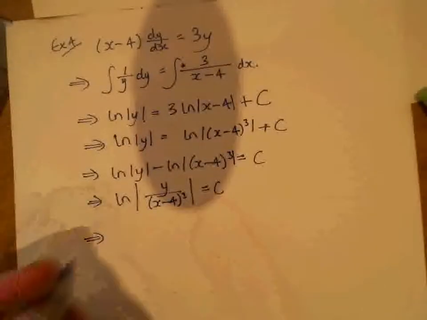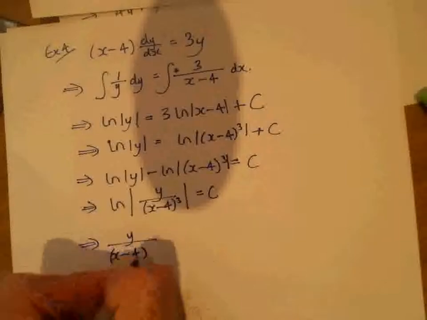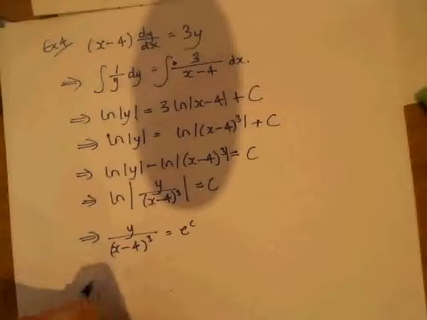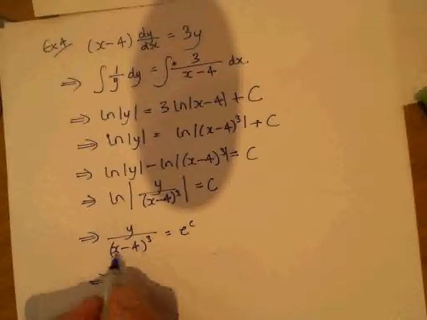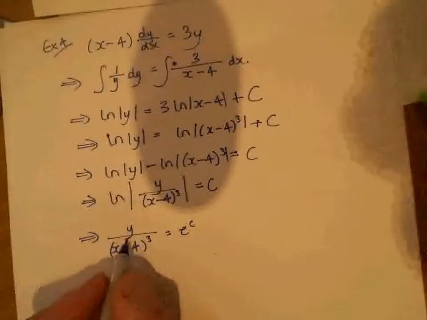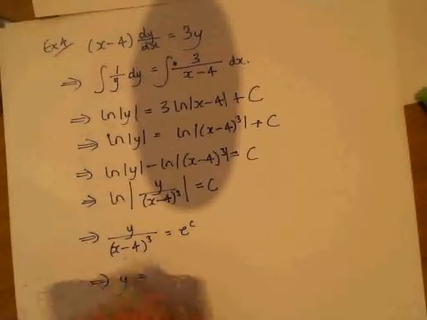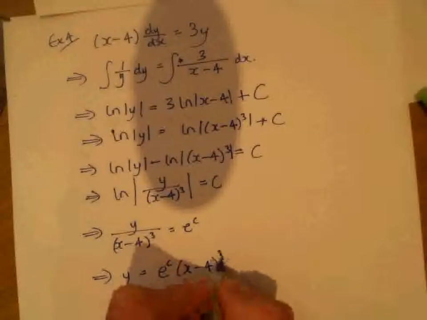Let's even go a step further and take the exponential of both sides. Okay. And let's see if we can work it. We're almost there now, to work it all the way to the stage where we get y equals, and so multiply both sides by x minus 4 all cubed.